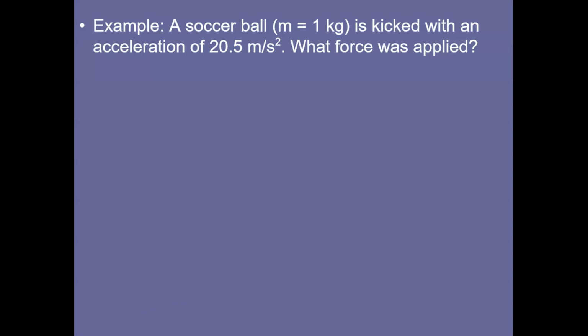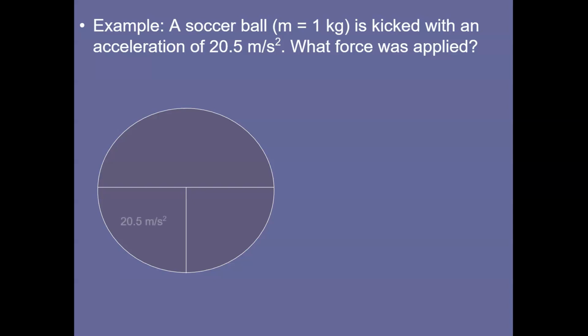And again, if you use this FAM circle, this circle method, we plug in the information that we know, and we know that the acceleration was 20.5 meters per second squared. And we know that the mass of the soccer ball was 1 kilogram.